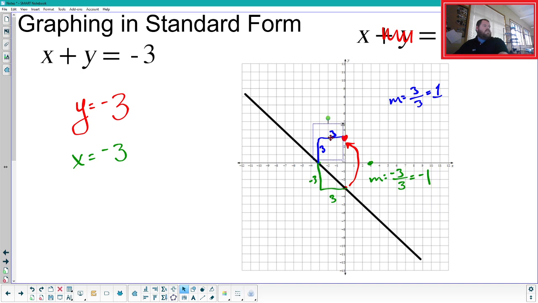So on this one, it sort of moved my y-intercept up, and my x-intercept moved over here. So they kind of crossed, some weird stuff happened. But I get a new line through these points.